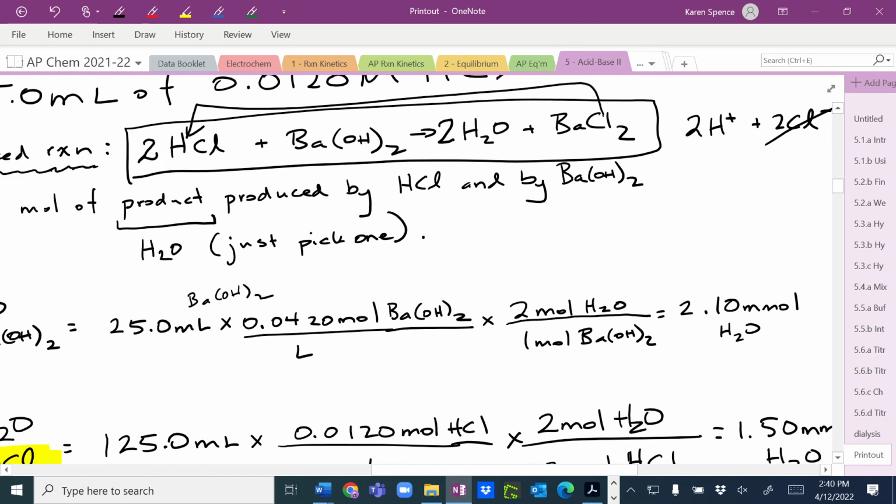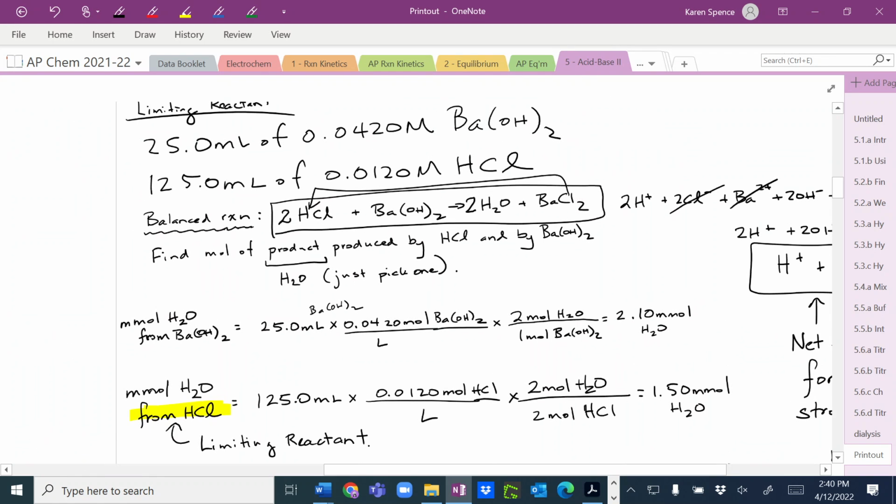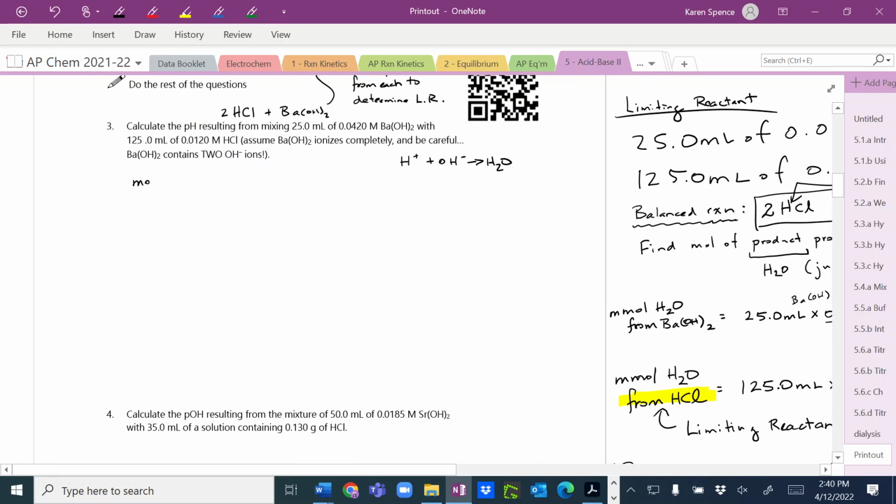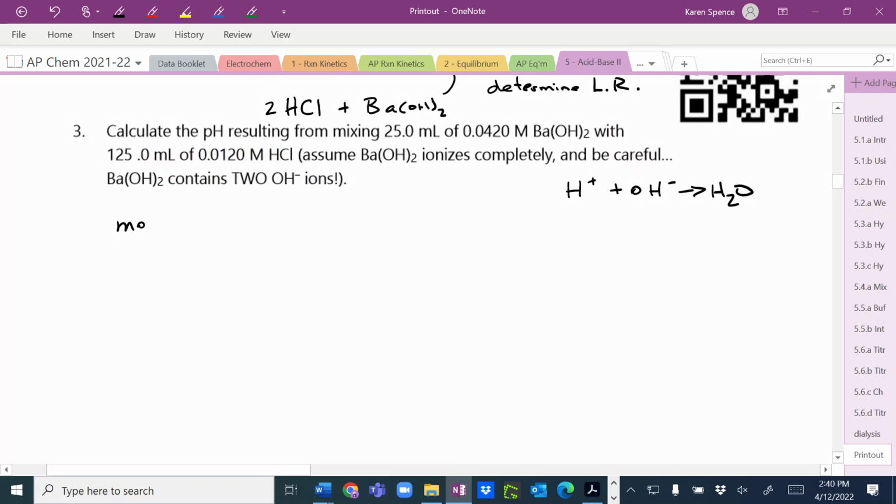Okay, so where did we get to? We were over here. So we're going to find moles of, do you want moles or do you want millimoles? Doesn't really matter. Millimoles, okay, so millimoles of H plus. So we're going to use our H plus information here.